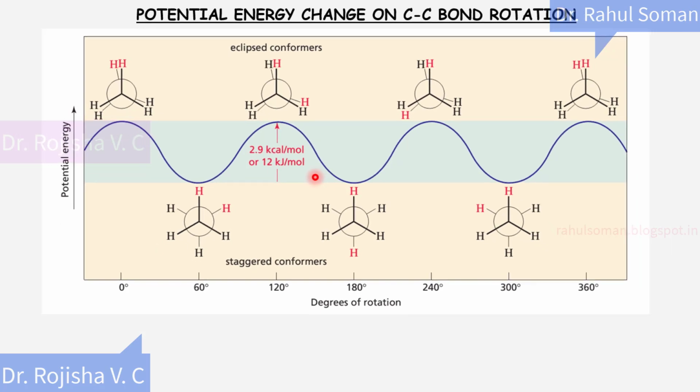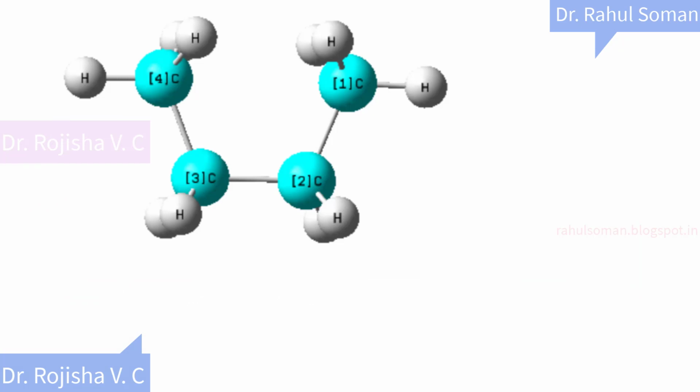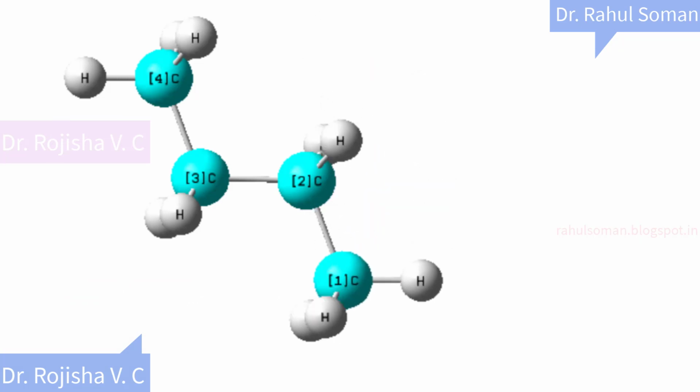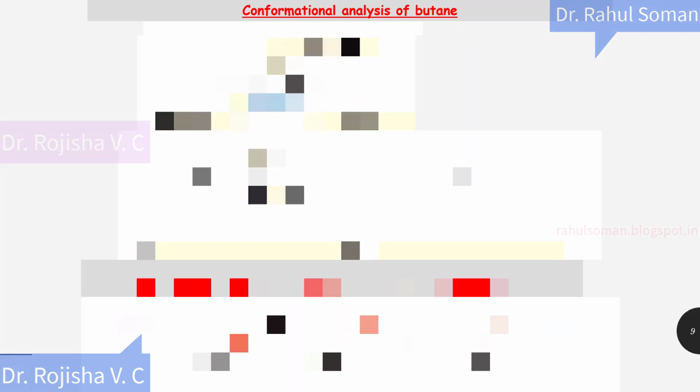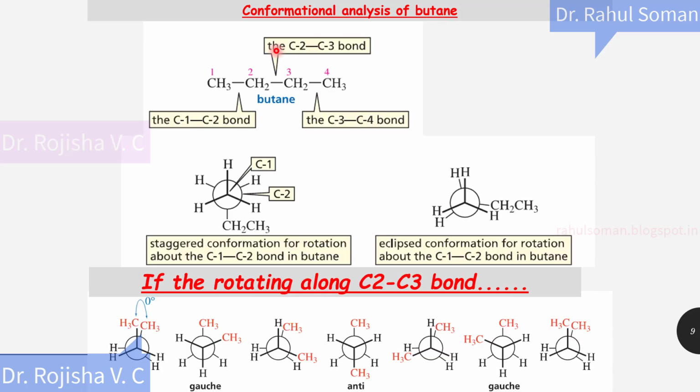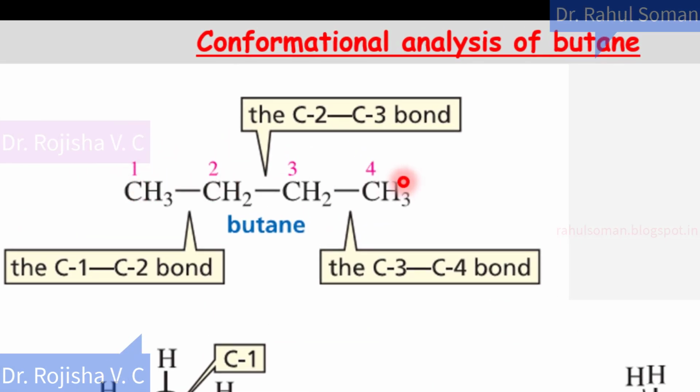Next, let us see how things work in the butane case: conformational analysis of butane. In butane we have 4 carbon atoms and 3 CC sigma bonds, and we are speaking only about normal butane.